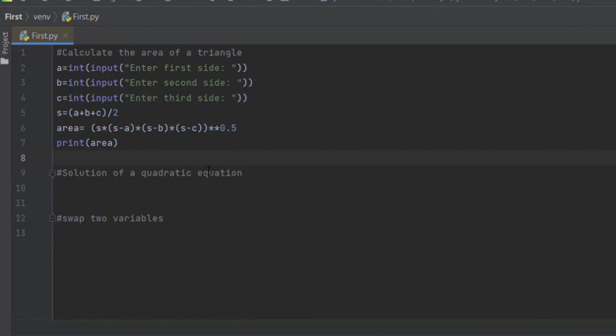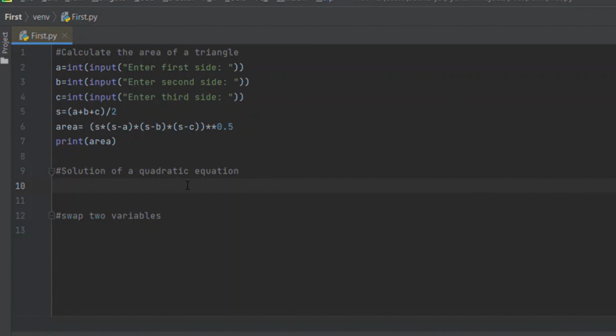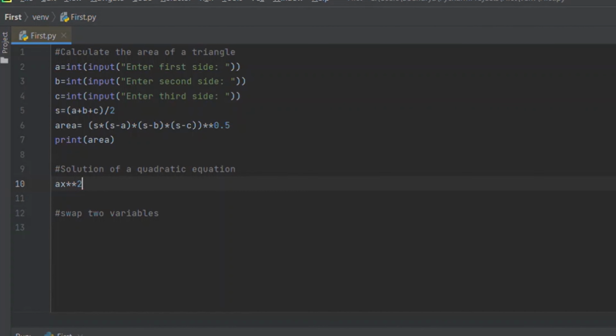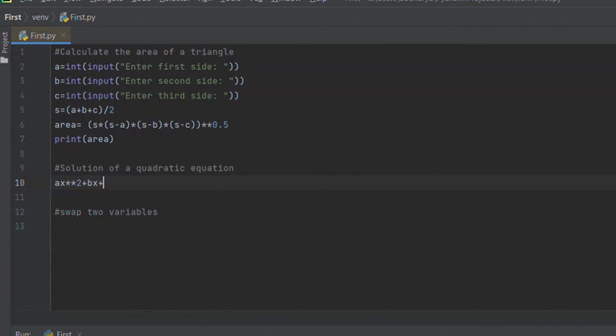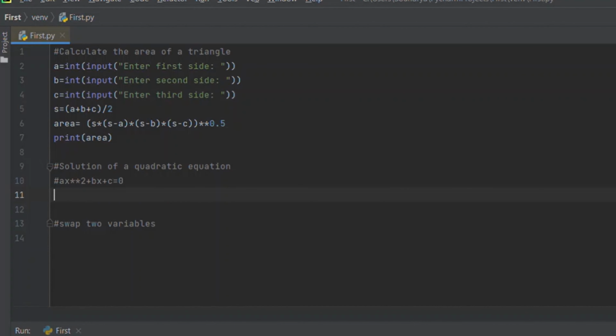Now, the next problem is to find the solution of a quadratic equation, for which we need the values of a, b and c. As we know, the general quadratic equation is in the form ax square plus bx plus c equals 0. So we need a, b and c.